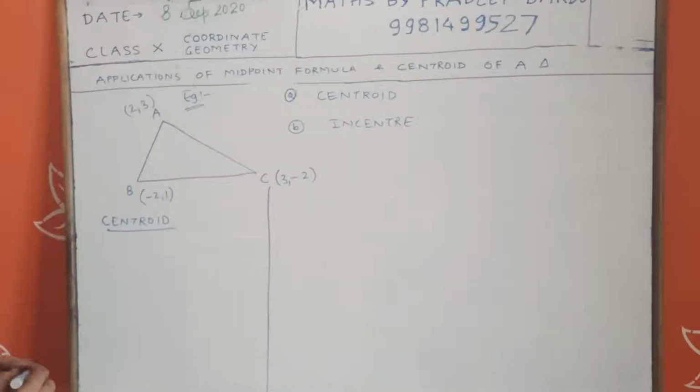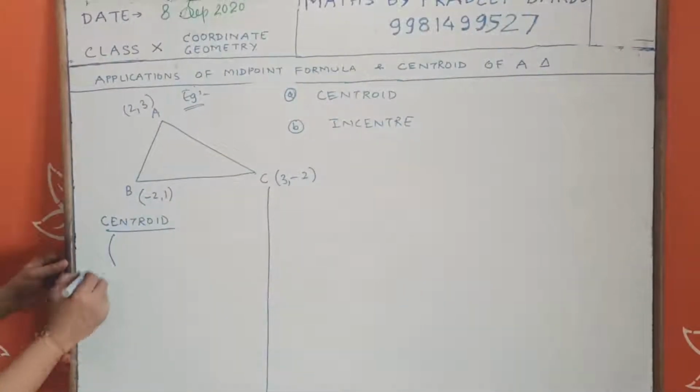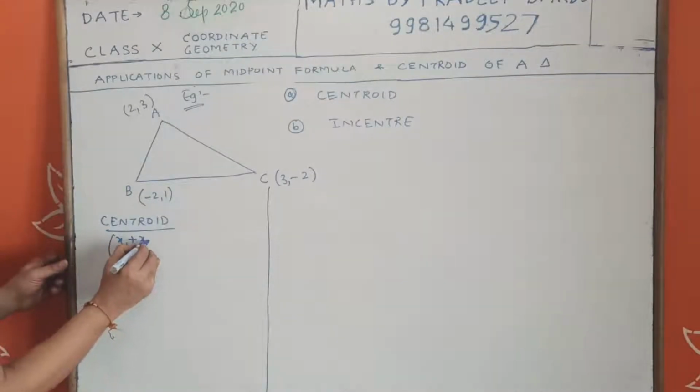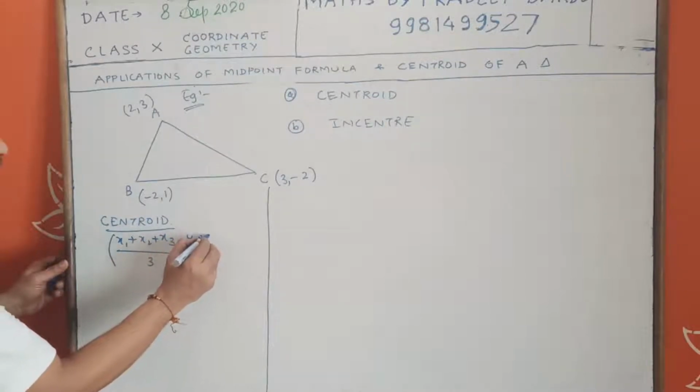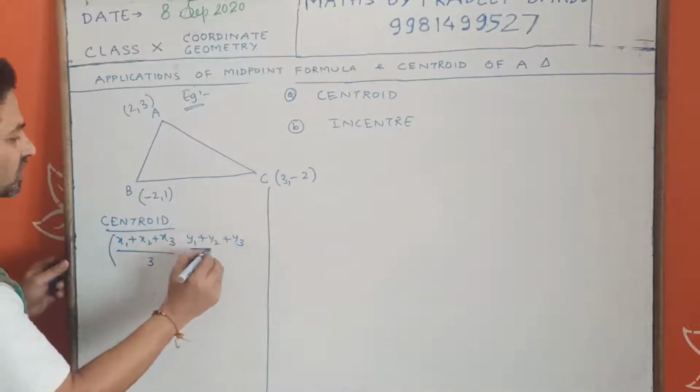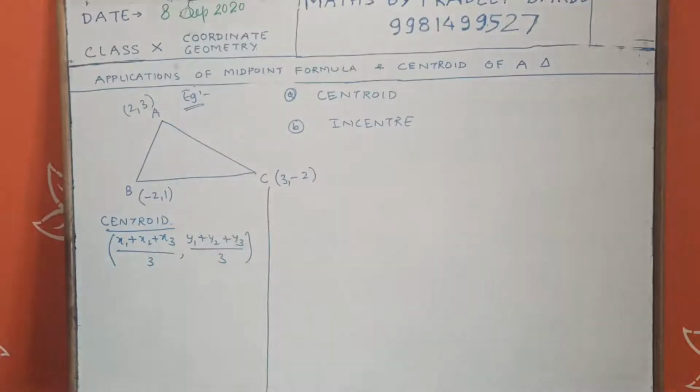Centroid of this triangle, we just proved the formula, x1 plus x2 plus x3 upon 3, y1 plus y2 plus y3 upon 3.